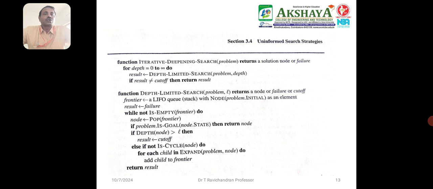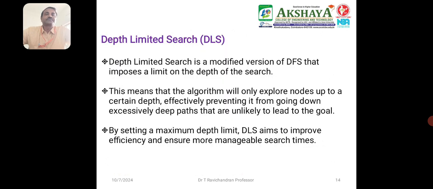If it is not the goal, we backtrack to the previous state and move to another depth. It repeats the same structure one by one until the goal is complete. This is the algorithm for depth first search in uninformed search strategy.